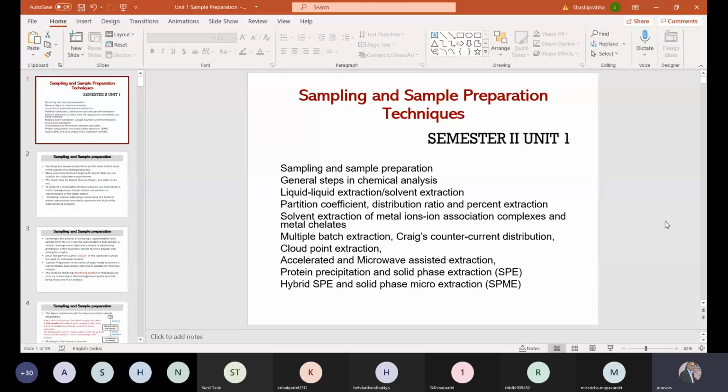These are some of the common techniques which are used for sample preparation, not for sampling. For sampling, we have a different set of tools or methodology for sampling any real sample.